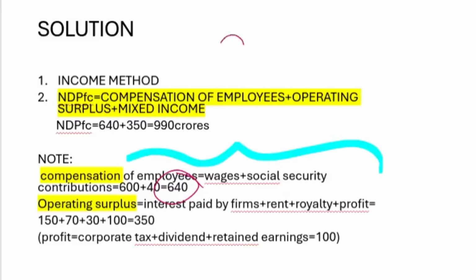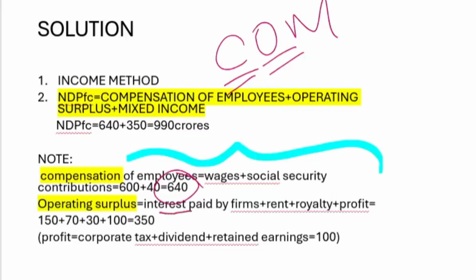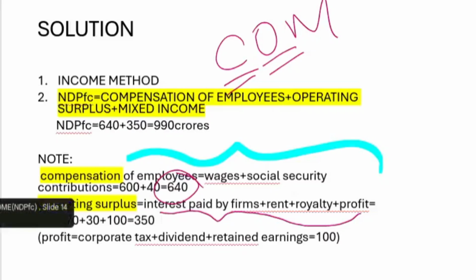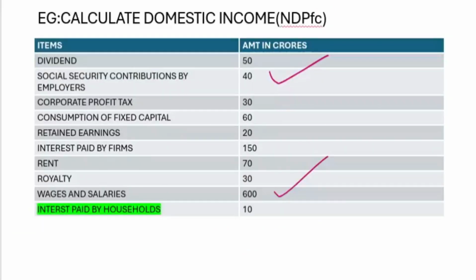Now the second one, that is operating surplus, which constitutes all the residual terms like interest, rent, royalty, profit. In the question, we can see interest, rent, and royalty are given. Then profit is actually subdivided.